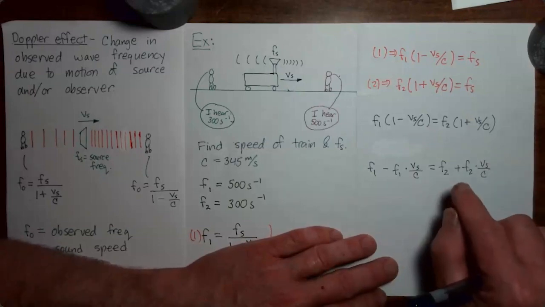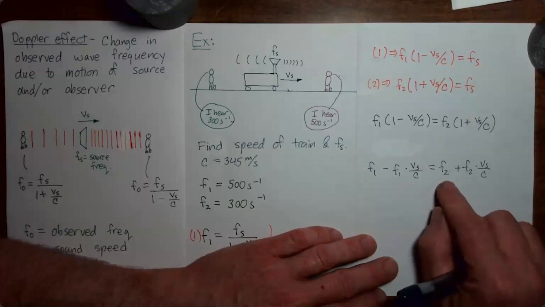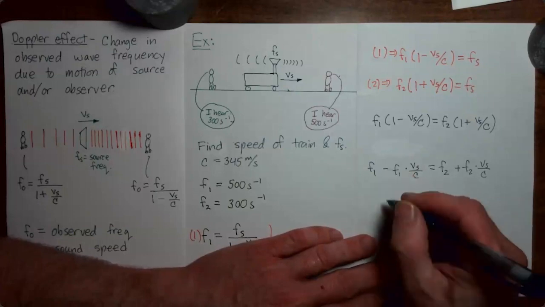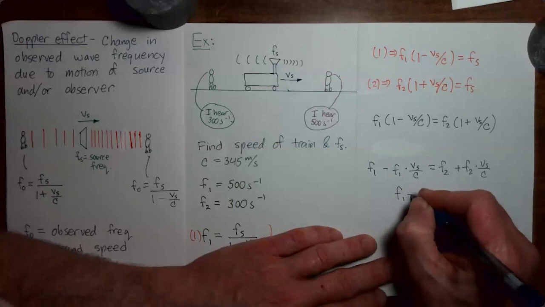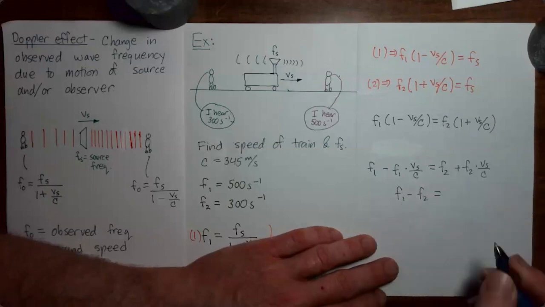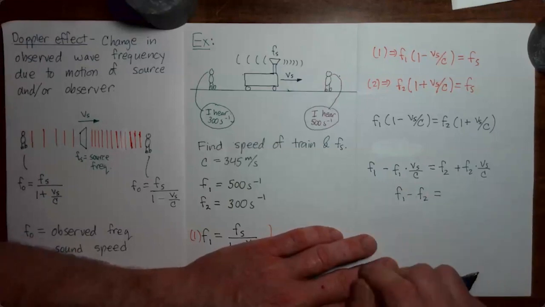So I'm going to start by putting the two terms that don't have Vs over C on the left. So I end up with F1 minus F2 on the left. Then I'm going to put both terms that have the Vs over C on the right.